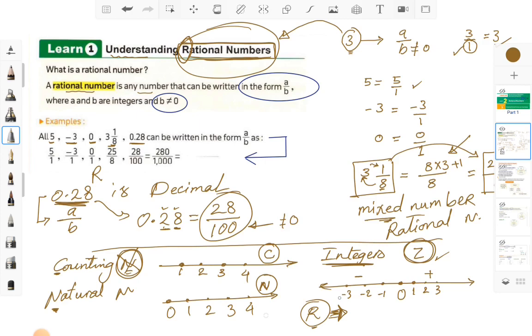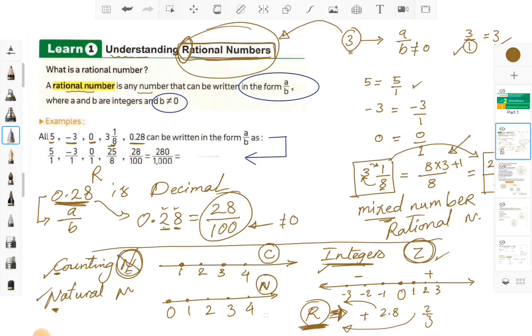R includes all these groups: counting, natural and integers, plus decimals like 2.8, which is also rational, and fractions like 2/3, which is also a rational number. So all the numbers we had learned before are included in the rational set of numbers.